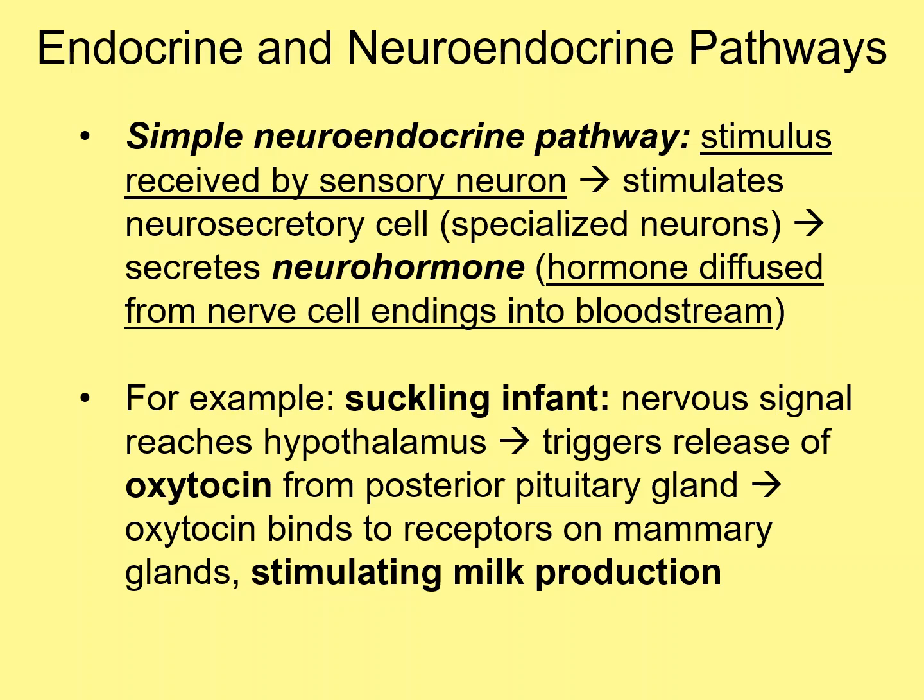And those neurons are stimulating the release of epinephrine, which is also a neurotransmitter. We're going to talk about that again when we talk about the nervous system. But it's stimulating those adrenal gland cells to release epinephrine into the bloodstream. And so that's another neuroendocrine pathway.